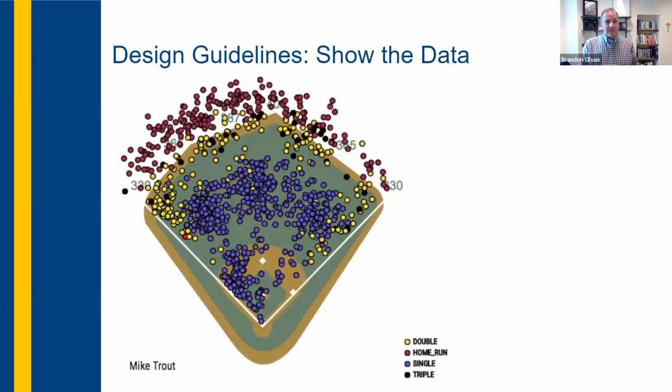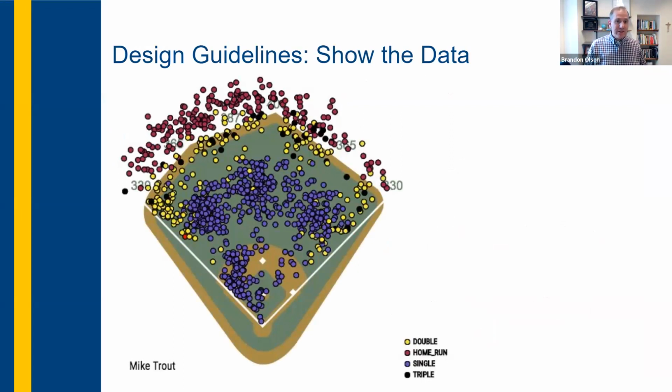So for example, going through a couple of guidelines here, first, show the data. Looking at Mike Trout's scatter of his hits, this is difficult. There are a lot of data points on there, and we have not only the number, but the placement on the field, as well as whether it was a double, home run, single, or triple. There's a lot of data on here.